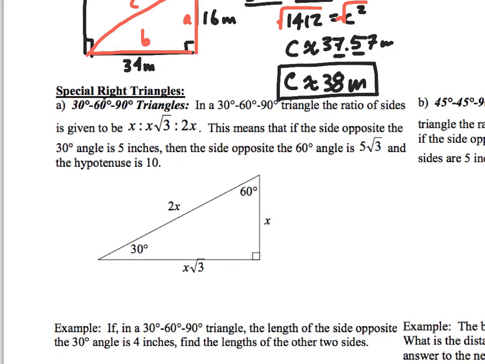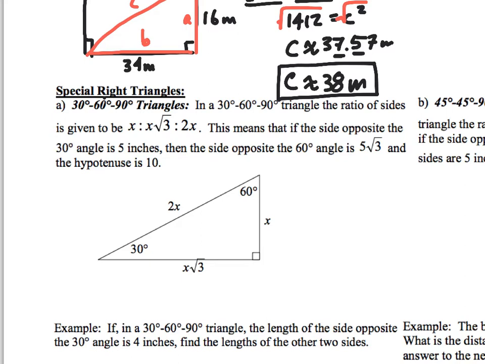And what I know is that the triangle has 3 sides, obviously, but the shortest side we would call x. The hypotenuse of that triangle would be double that length, 2 times x.